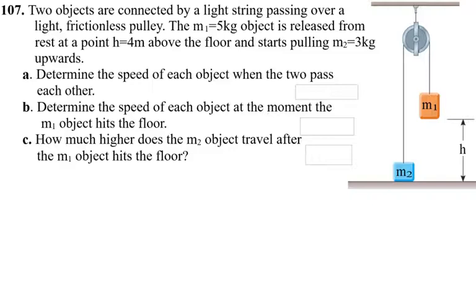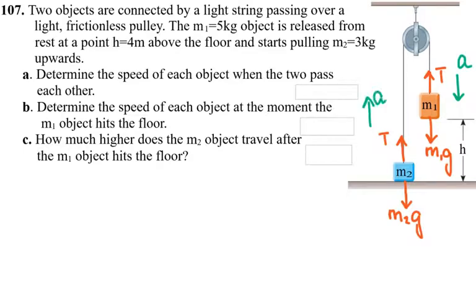So first I'm going to do the free body diagram. So I have M2g, and I have tension, and then I have M1g, and I have tension. So the acceleration is going to be down for this mass, and the acceleration is going to be up for this mass.